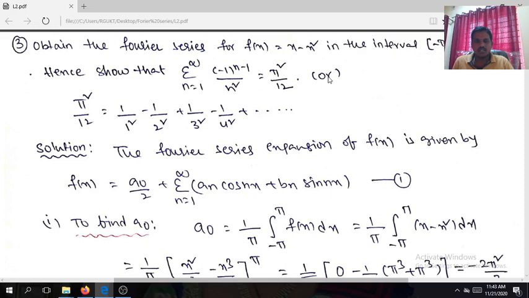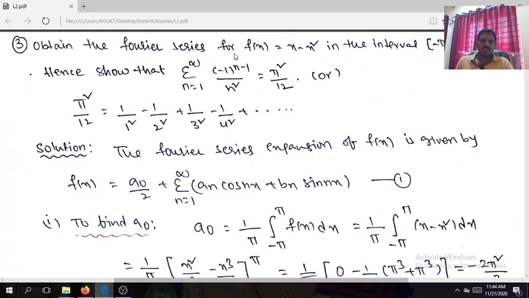This deduction is the same as pi square by 12 is equal to 1 by 1 square minus 1 by 2 square plus 1 by 3 square minus 1 by 4 square plus so on. Sometimes instead of "hence show", it says "deduce that". Using the above expansion, you have to deduce this relation or this series. This is an alternating series.